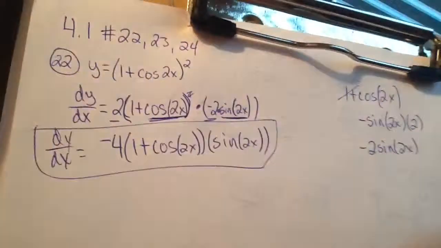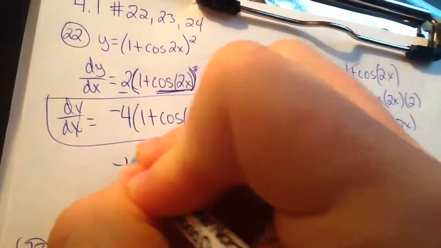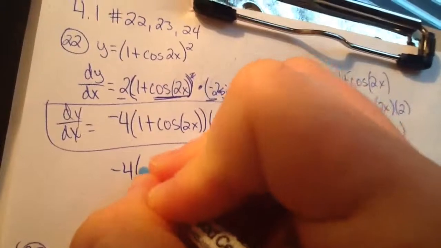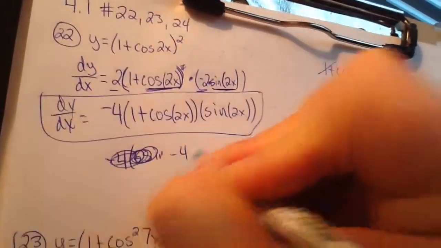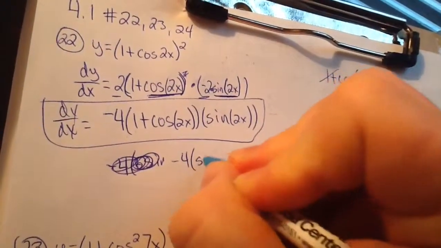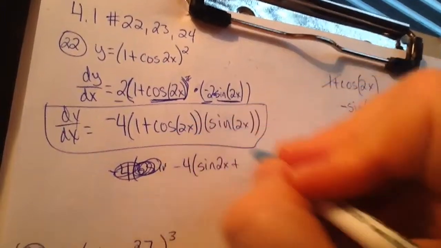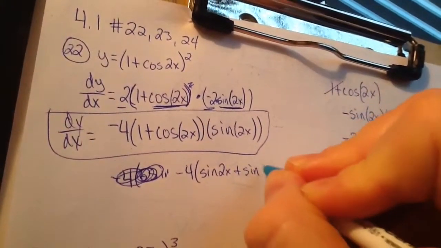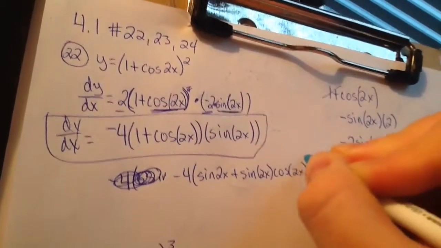So on this one, maybe if you don't recognize that, this is a perfectly acceptable answer right here, by the way, because going forward, you should know nothing's going to happen. If you went negative 4 and did times sine of 2x plus, and the way you would multiply those, you just write them next to each other, sine of 2x times the cosine of 2x.